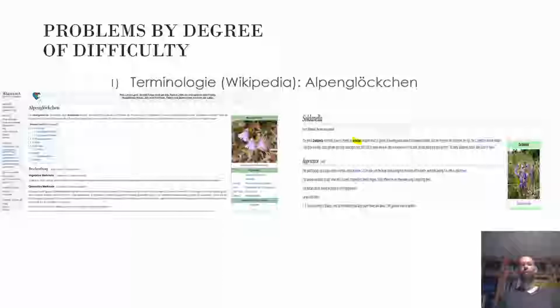So we can use the term snowbell in our text. This is certainly more appropriate for children than soldanella.